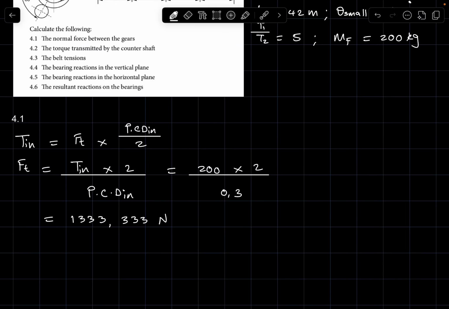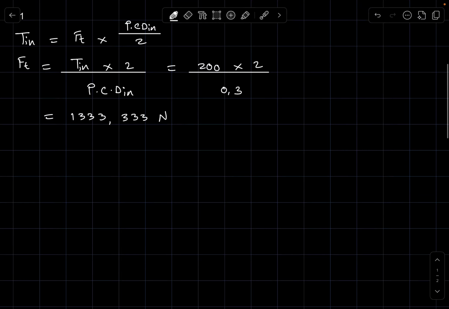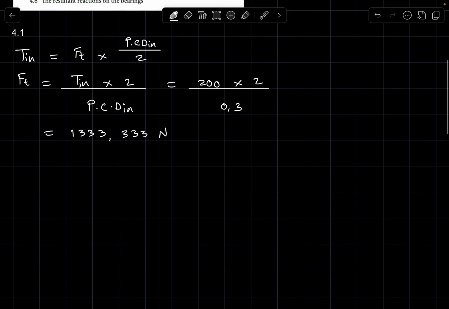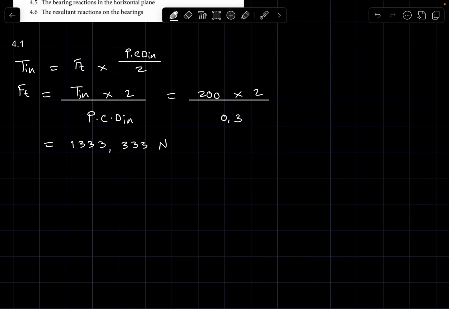So in calculating the normal force, remember that when considering all three forces subjected to the gears in mesh, you have your radial force, your tangential force, and then of course you have the normal force, which acts at 20 degrees from the horizontal.